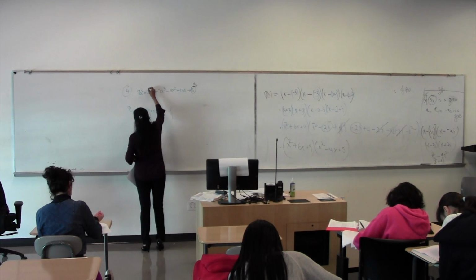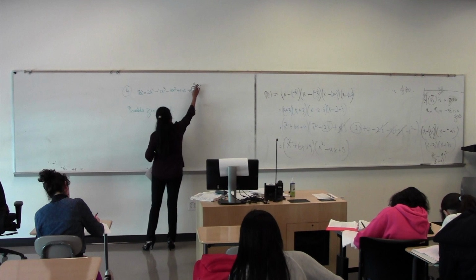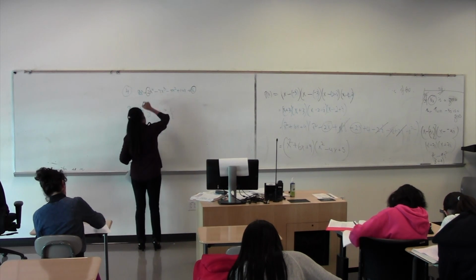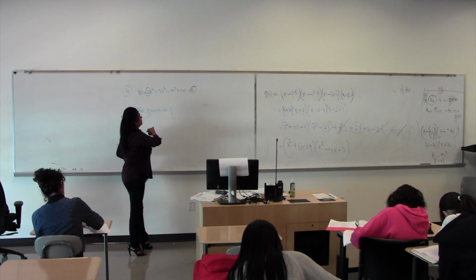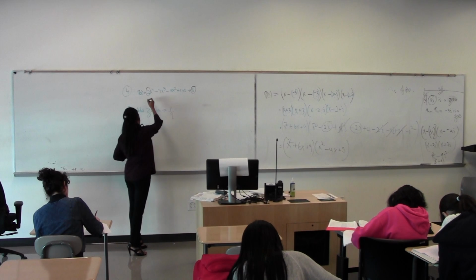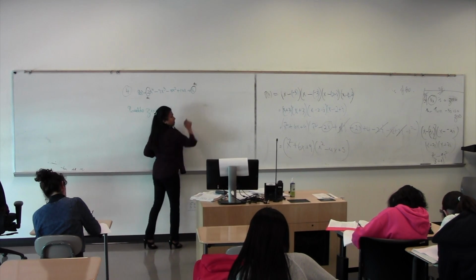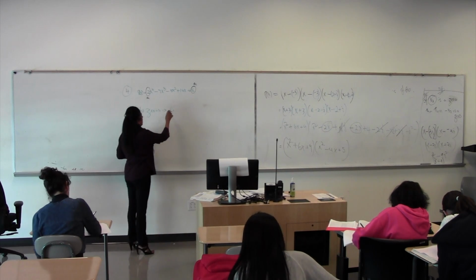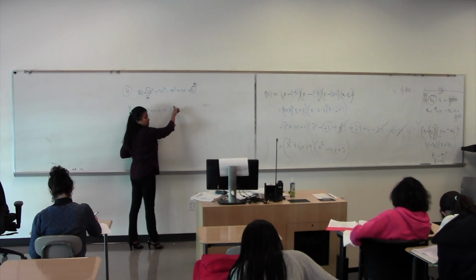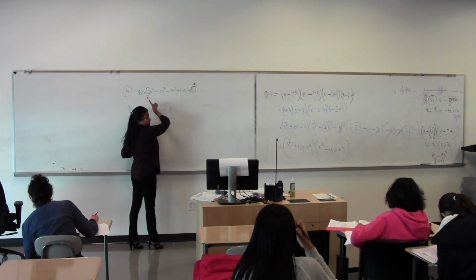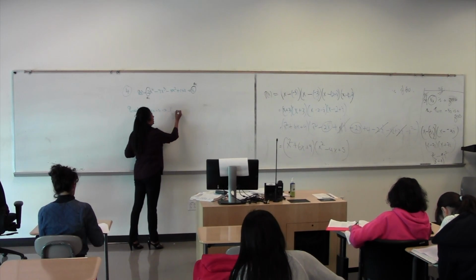This is a_0, the constant term, and this is a_n, the leading coefficient. So we are going to divide the constant term by the leading coefficient.